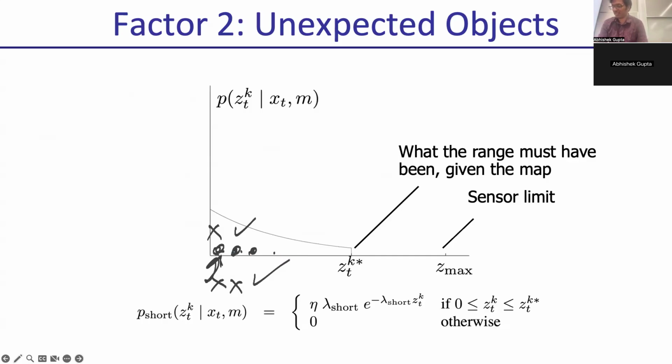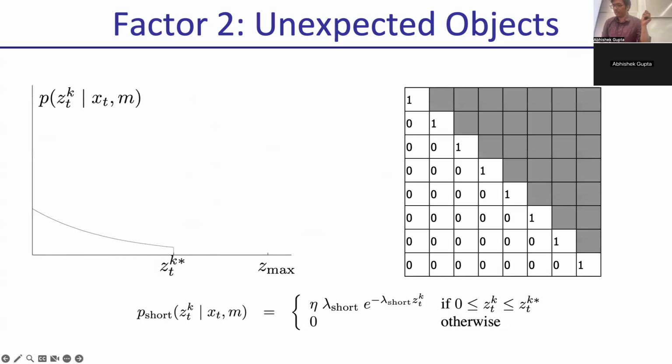If you look at this graphically, it looks something like this. For the shortest reading, you just need to have an obstacle there. For the second shortest reading, you have to have no obstacle before it and then an obstacle. For the third shortest reading, you have to have no obstacle in the 2 steps before it and then an obstacle. So you'll have something that is exponentially decreasing.